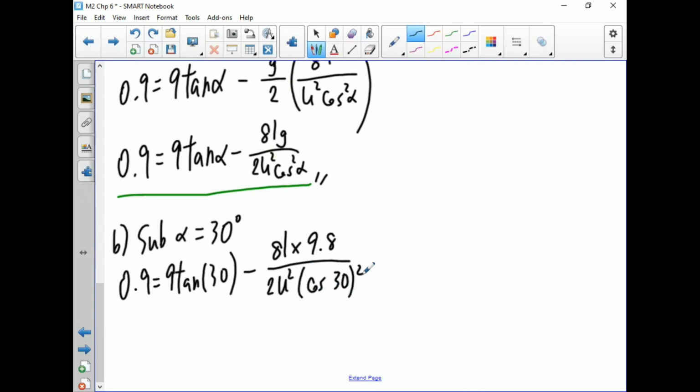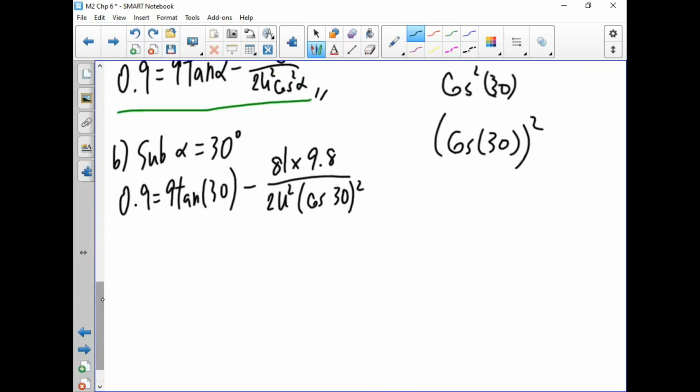Now, you have to be careful when you put cos squared 30 degrees in the calculator. The calculator won't let you do cos squared 30 degrees. What you have to do is put cos 30 and then square the whole thing. Okay, that's how you work it out. So 0.9 equals 9 tan 30, keeping the left hand side. 9 tan 30 put in the calculator is 3 root 3.